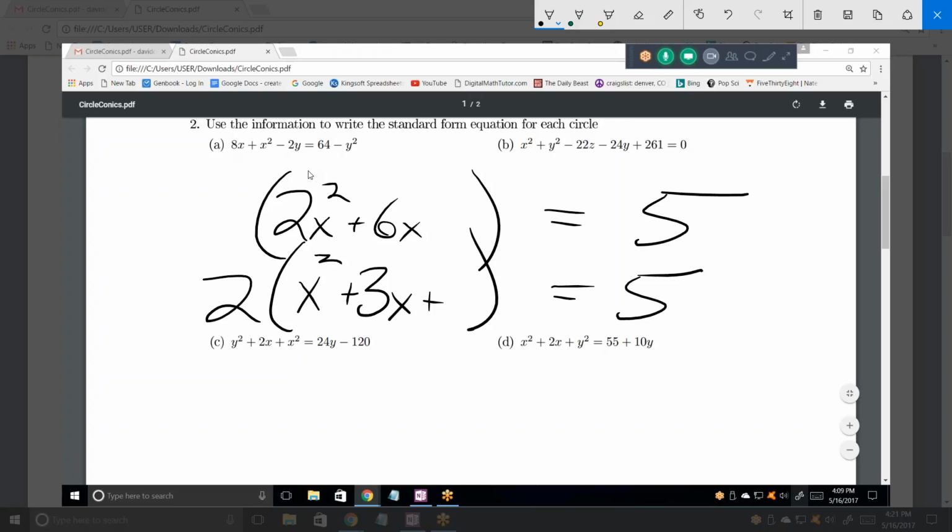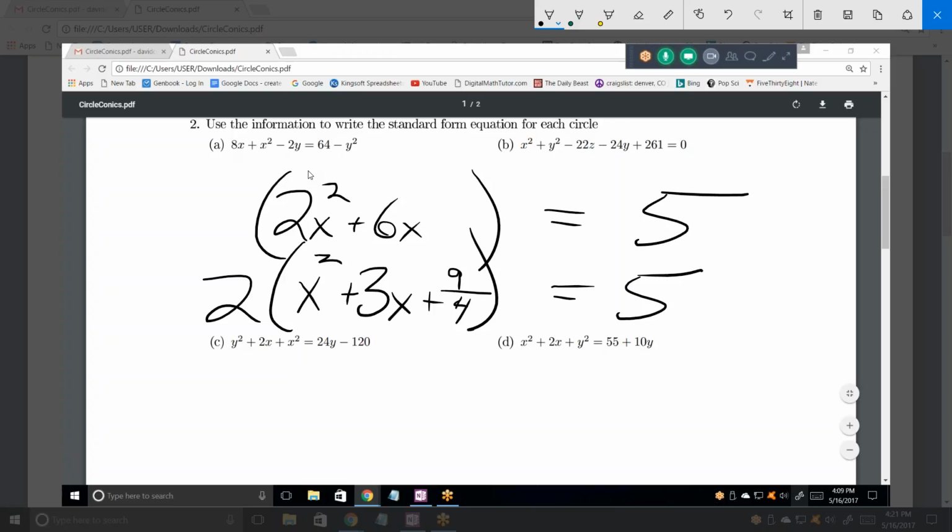That's 9/4, rather than switching everything to decimal. So you would take the 3 and put in a half, and then it's plus 9/4.